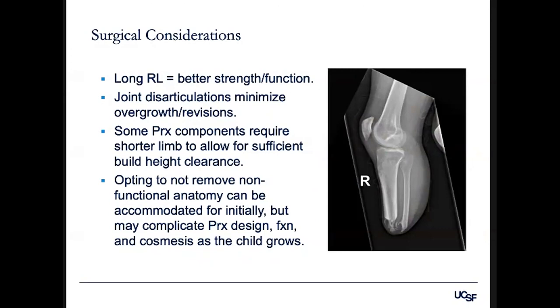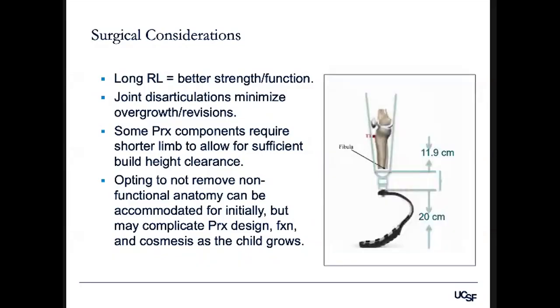I really like the idea of the cartilaginous cap in these cases, but if you have the opportunity to do a SIME or a longer amputation through the joint, I think that's always indicated. Some prosthetic components do require a shorter residual limb length to create sufficient clearance for their use. And so that's a conversation that you have with the family to understand what the desires are of the child.